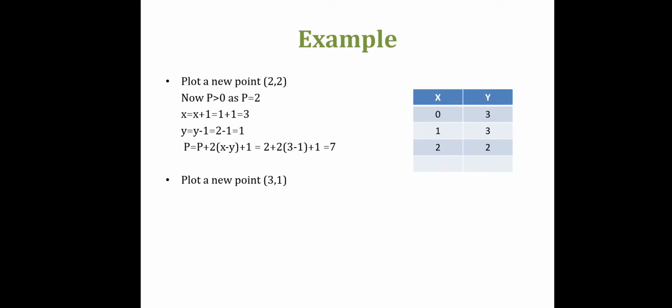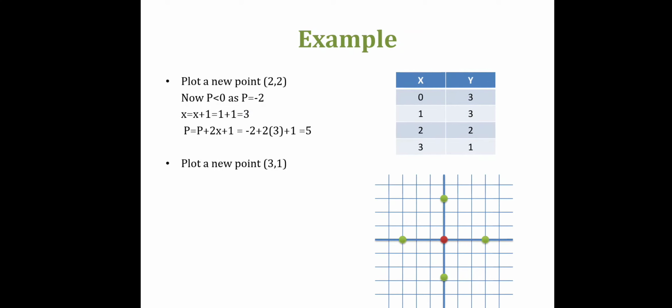Now you can plot a new point, that is 3 comma 1. So this is the step we are having. Now here x is greater than y, so we have to stop over here. Then we should replicate all these points.